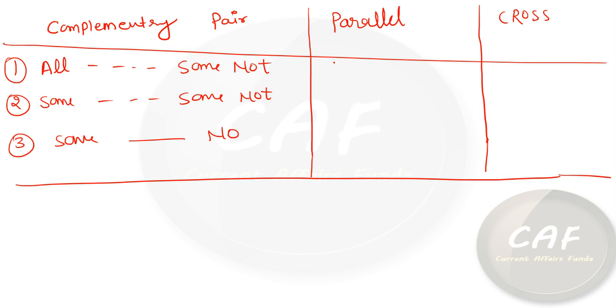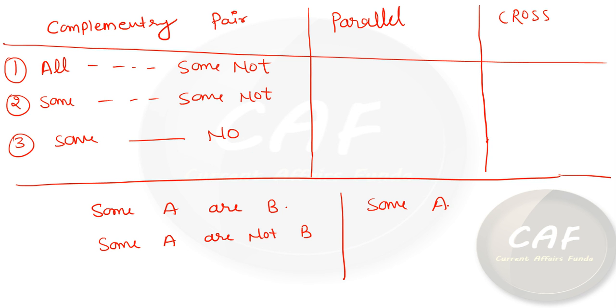So friends, what is the meaning of parallel and cross lines? Let me show you two things here. Suppose your statements are in this format: some A is B, and some A is not B. Here we have written another pair: some A is B, and some B is not A. These are the two conclusions here, and these are the other two conclusions.